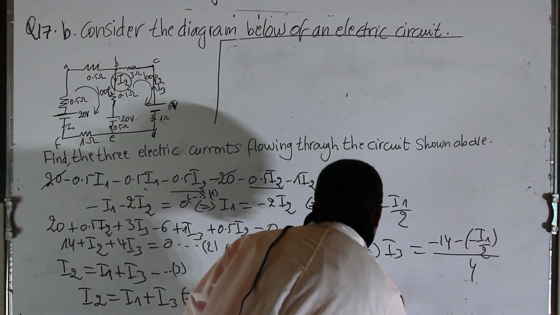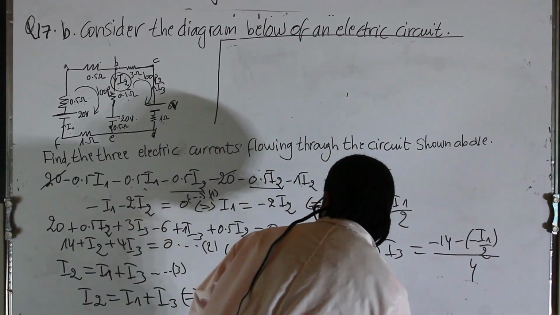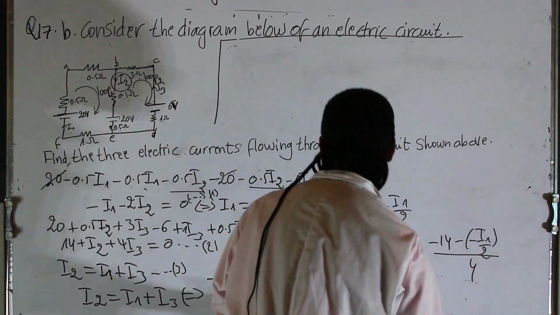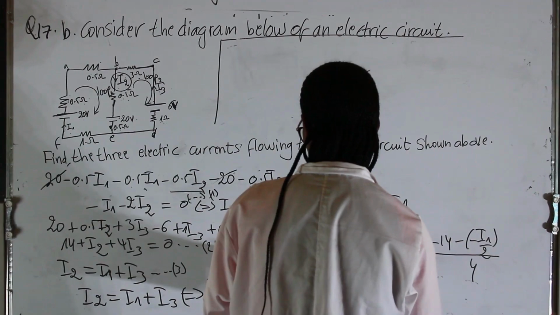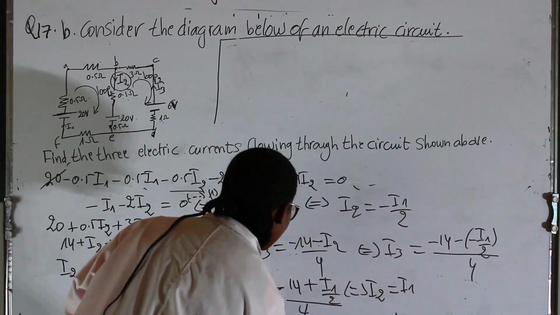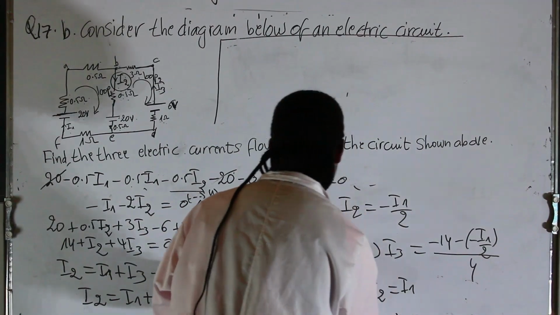We have I2 equal to I1, this over 4 is only here. Yes.